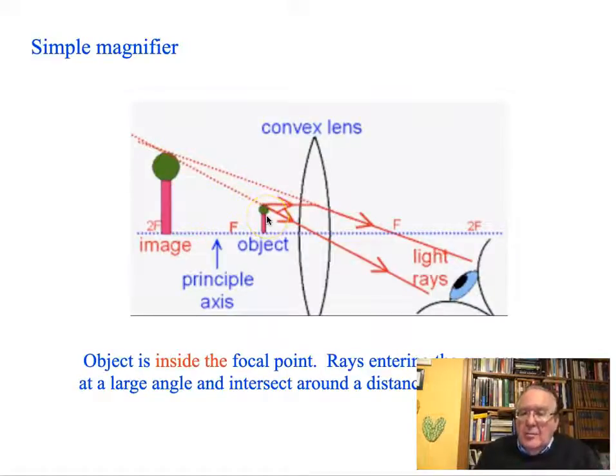So this is the same thing we did with a simple magnifier looking at the print in a magazine here. Okay? This happens when the object is inside the focal length of the lens. The focal length of the lens we were looking at was like 9 inches, but we held it only 3 or 4 inches away from the page. And so we saw an upright, enlarged image. All right?